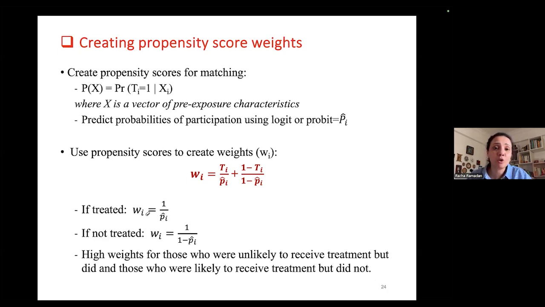And this is a good way also for sensitivity analysis. You can run this regression without these weights in the beginning, and then use these weights. You can also use the PSM and compare all your results. And if everything is fine, you are supposed to have the same conclusion.